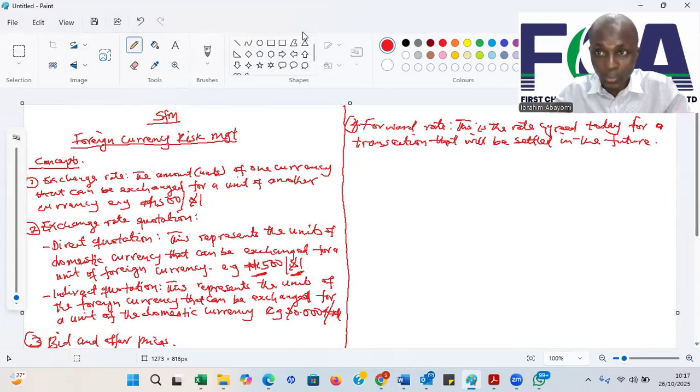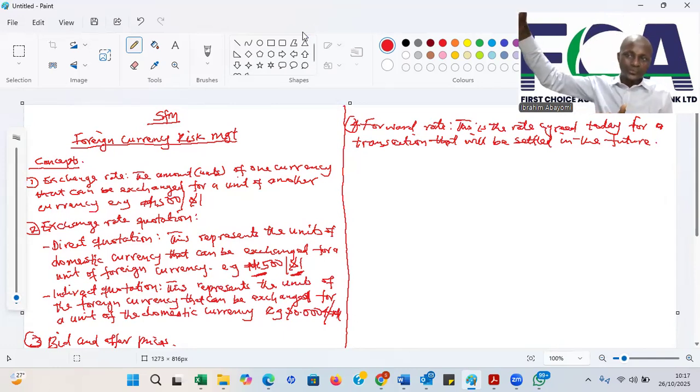That is a forward rate. So we agreed the rate today, but the transaction is not happening today. The transaction is happening on a future date.